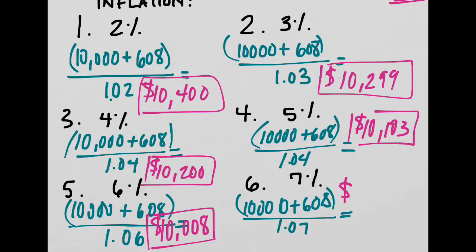The expected real return at a 7% inflation rate, if my interest rate is at 8%. Now you might think, oh, 8%, that's bigger than 7%. I should be good. It's not really how it works, just because of taxes for the most part. So that's, I know, sad news.